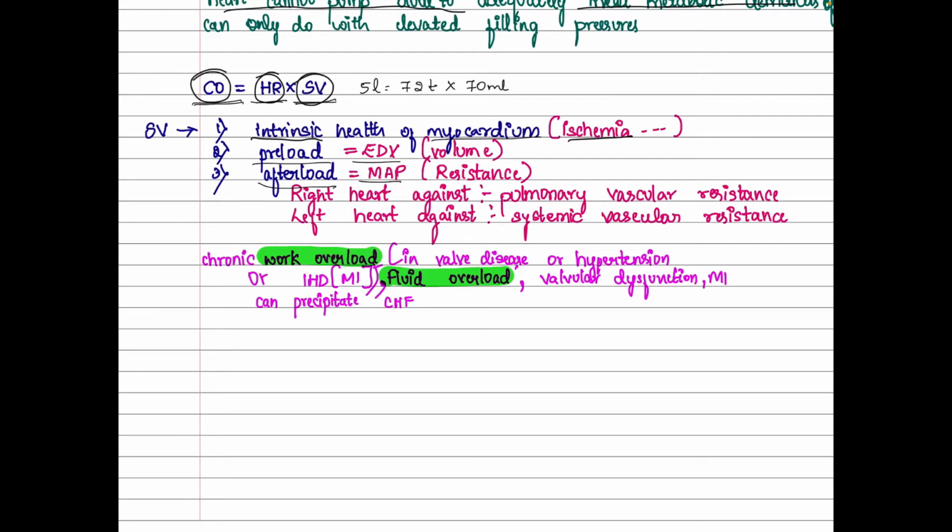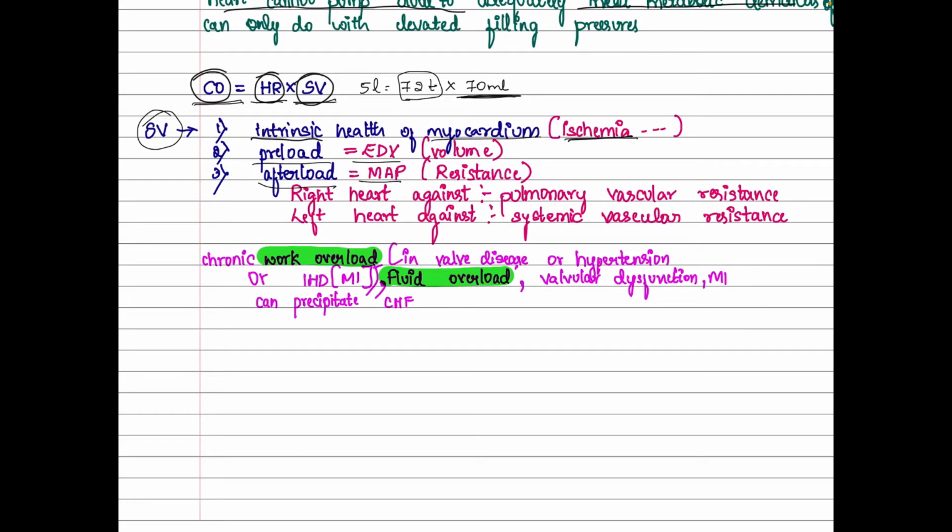Our heart beats about 72 times per minute, and stroke volume is about 70 milliliters. This stroke volume depends upon the intrinsic health of the myocardium, which is disturbed during ischemic heart disease due to necrosis of the myocardium.